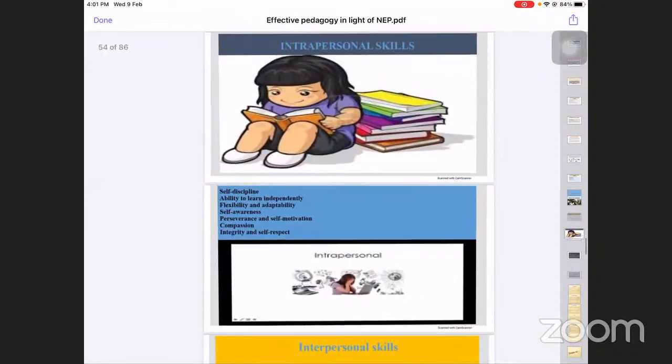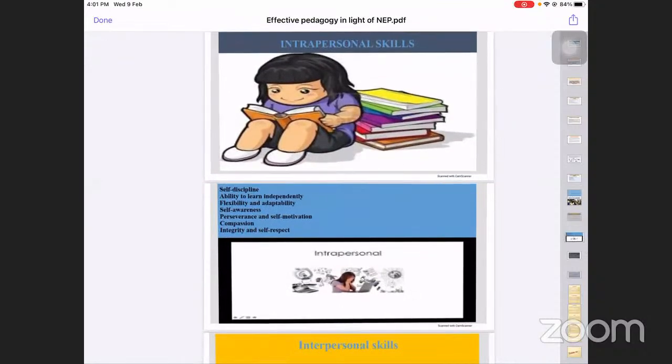You see intrapersonal skills and interpersonal skills. These are two kinds of skills that the ICT environment gives us. Intrapersonal skills are skills within the student, for example self-discipline: a student knows that I have to study myself, and this is the time, and I have to go through my books and whatever the teacher taught in the classroom.